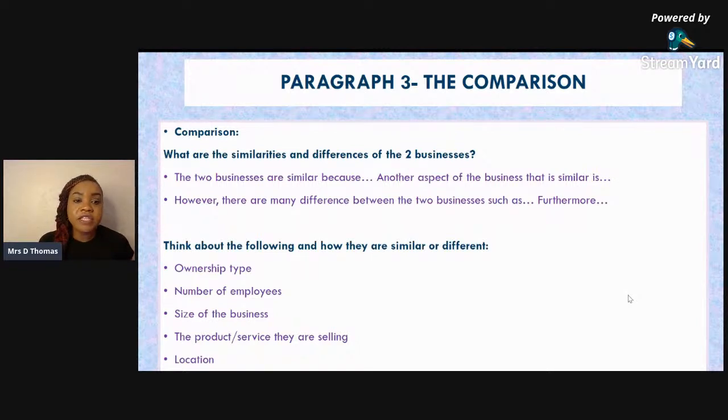Think about the following and how they are similar or different. So you see the list of words you have here? What you're going to do is write them down and put them as subheadings so I know what you're talking about.